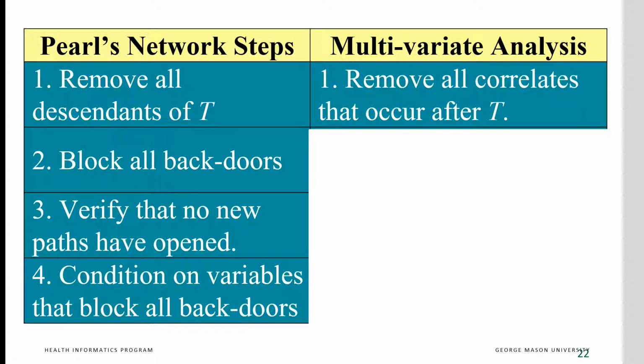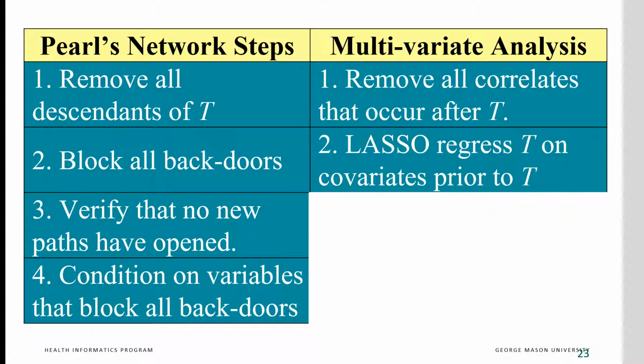In step 1, we remove the variables that occur after treatment and are associated with treatment. These variables are in network terminology descendants of treatment. The multivariate analyst does not know the network structure, but does know the sequence of the events and the correlation among the variables, and therefore can carry out this step.